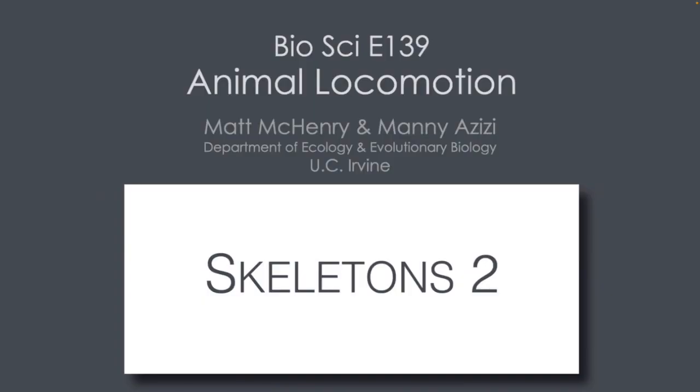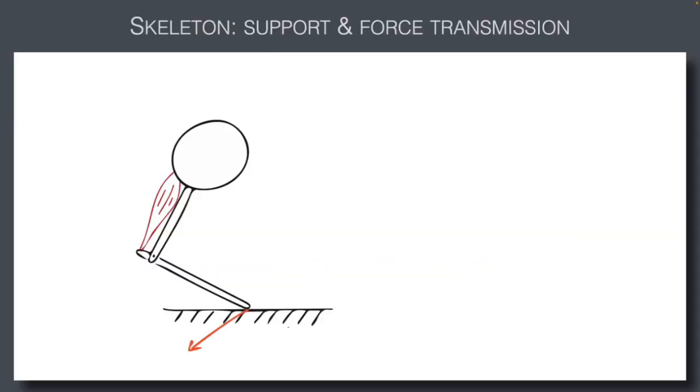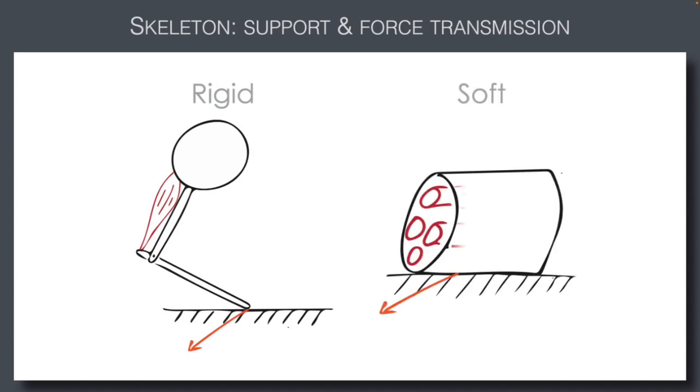Skeletons 2, the return of the skeleton. Here we have our schematic for the rigid skeleton. But in the first week, I alluded to the fact that not all skeletons are rigid. Your tongue is an example. A penis is another example of a structure that can change its material properties by virtue of the dynamics I'm going to talk about.